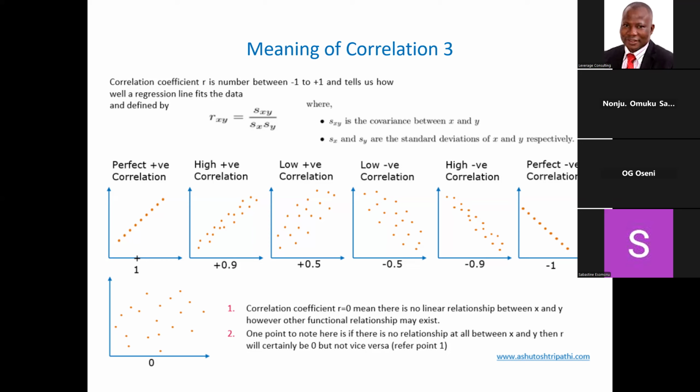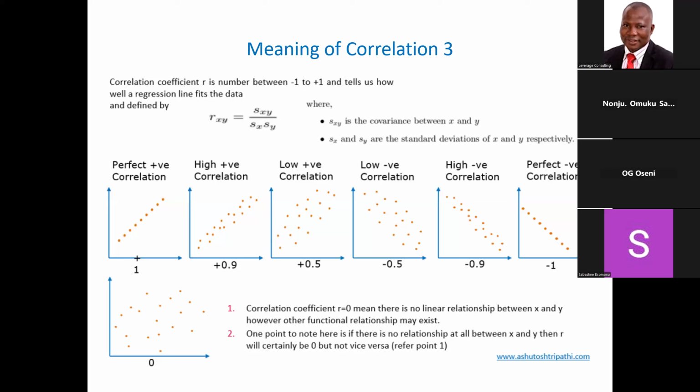The same thing with the second and third. The one on a straight line is a pattern of +1. When it becomes 0.9, not up to 1, you see some scattering. At 0.5, you see more scattering. In fact, if it's scattered with no direction, that shows that it's 0.